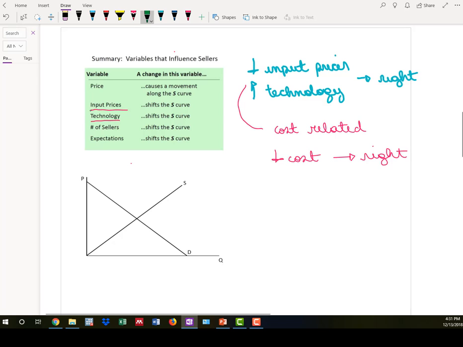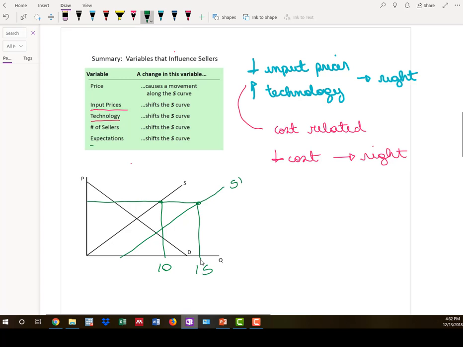So now for each hypothetical price, we have, let's say instead of 10, again 15. Remember, how do we go from the individual supply to the market supply? We add up the individual supplies. So now we have more individual supplies to add up. That's why the supply curve shifts to the right.